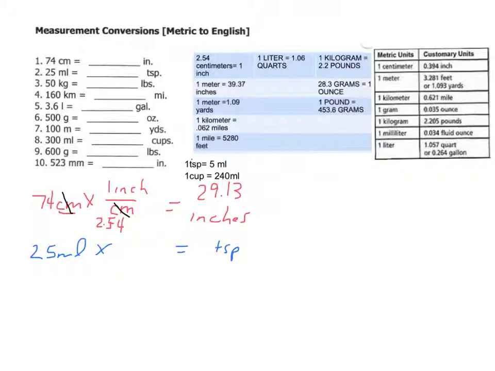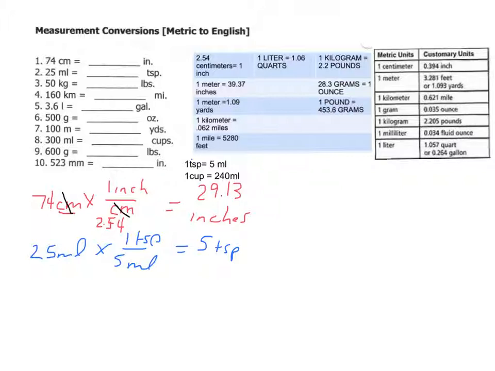And we're going to use that as our conversion. Now because milliliters is given, milliliters needs to be on the bottom. So we have 5 milliliters. And then we put the 1 teaspoon on top. We get 25 times 1 divided by 5. We would get 5 teaspoons.